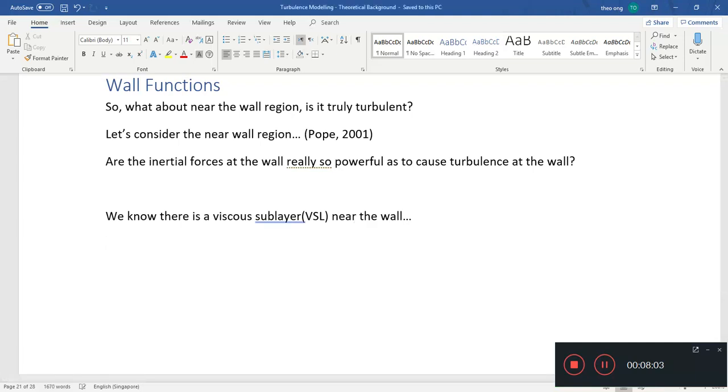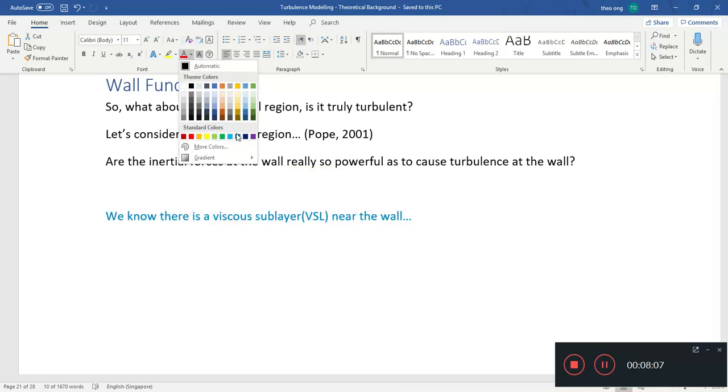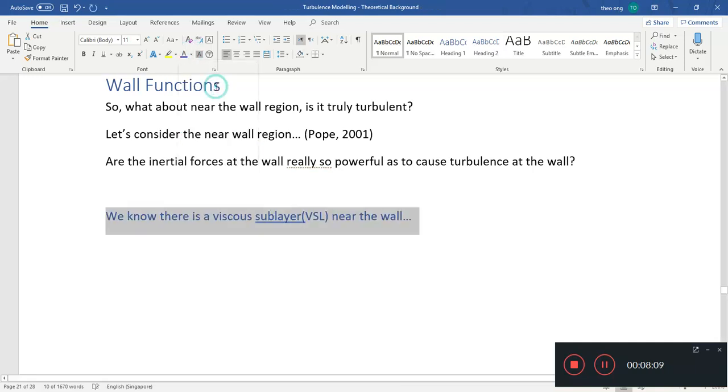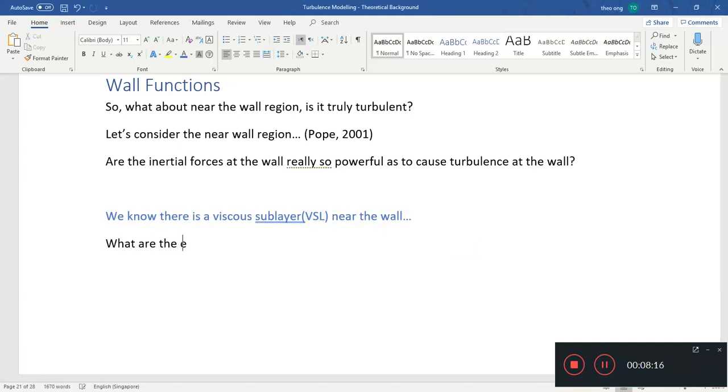Let me put this in blue. So what are the equations applicable here? Well, let's use the shear stress equations, because that's where we find turbulence, right?